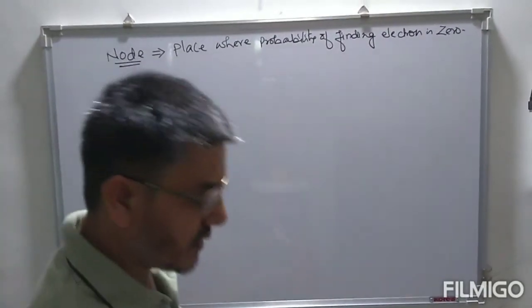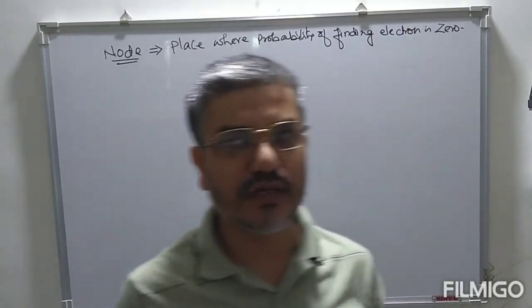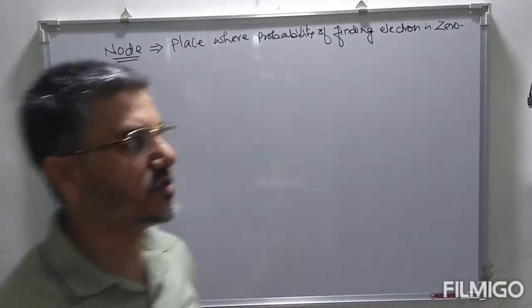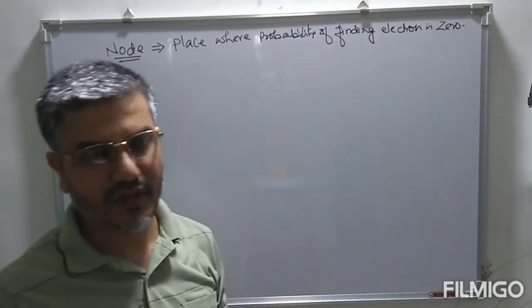So any particular plane or point where the probability of finding an electron is 0 is known as a nodal plane or nodal point.